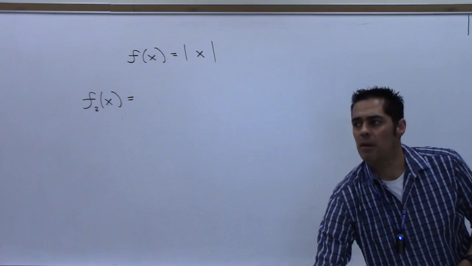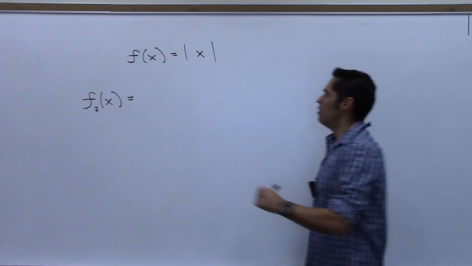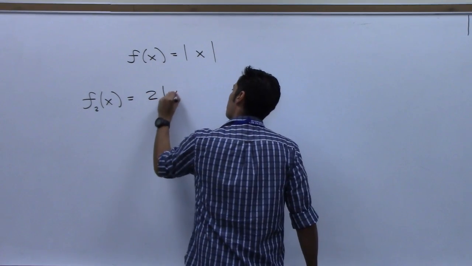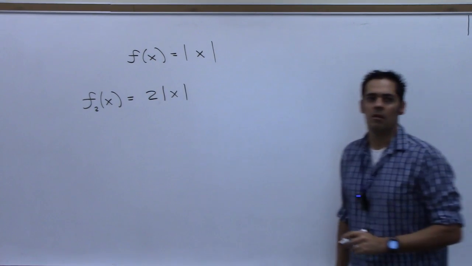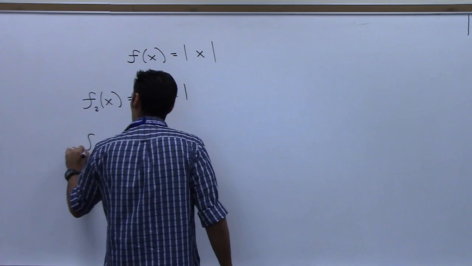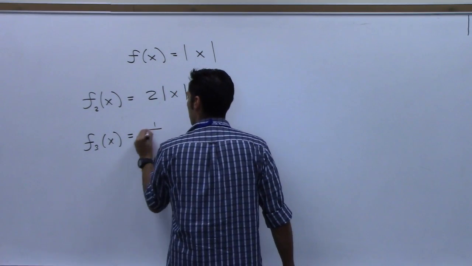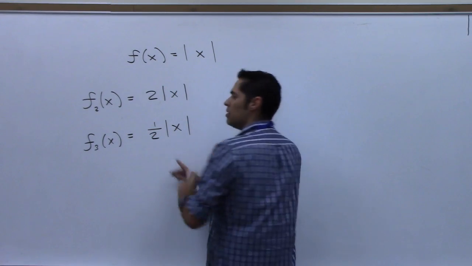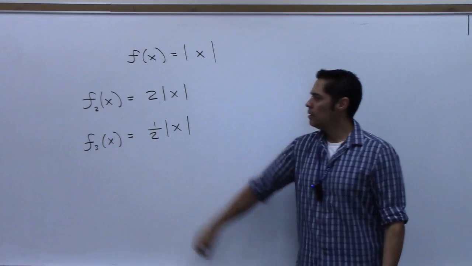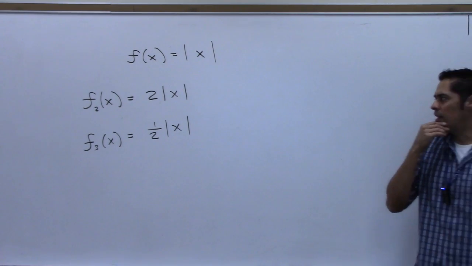A, you see the number in front of the function? And that a is going to be bigger than 1. So how about I put 2 absolute value of x. And then the next part says, what if I take a number in front that's between 0 and 1? So what about 1/2? It's between 0 and 1. And then the third one, we'll get to in a second. Let's just look at those two.